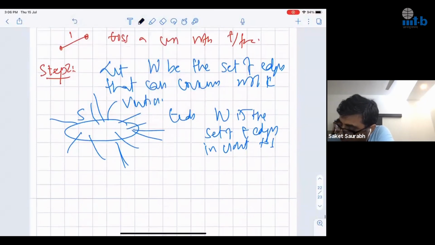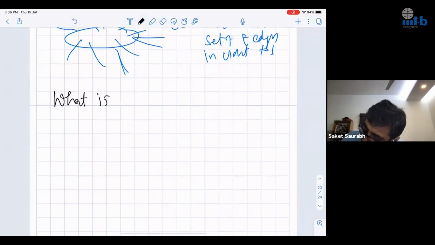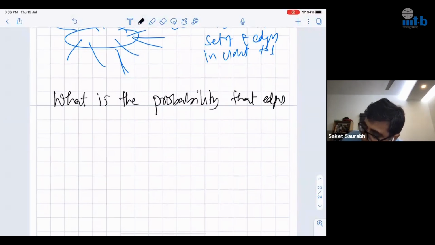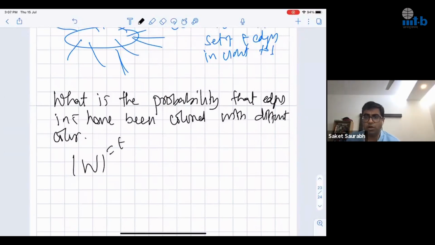Now I ask myself, what is the probability that the edges in W have been colored with different colors? The set size is T. What is the probability that, if I look at the edges in W, no color is repeated?